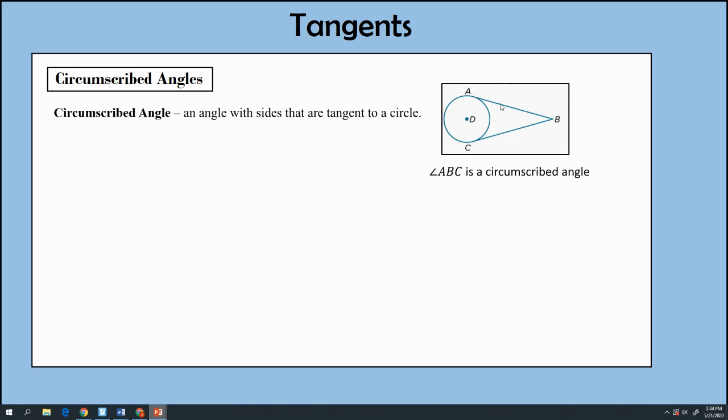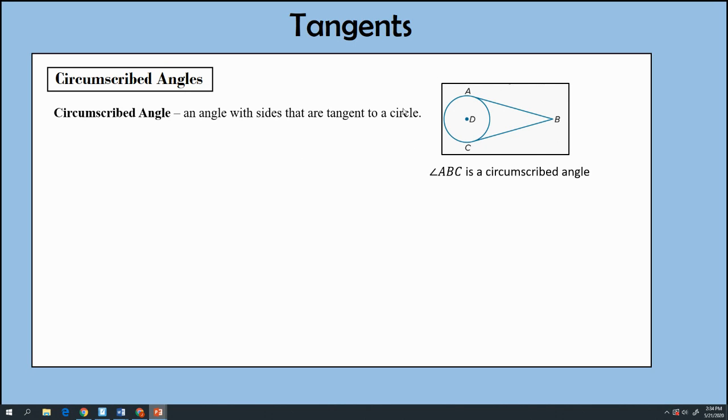If you look at this example, angle ABC, A and C are points of tangency. So BC is a tangent line to the circle D, BA is a tangent line to circle D, and A and C are points of tangency. We would call this a circumscribed angle because the angle is going around the circle. It's just touching the circle at point A and point C.